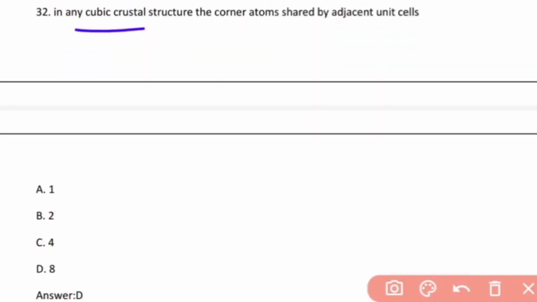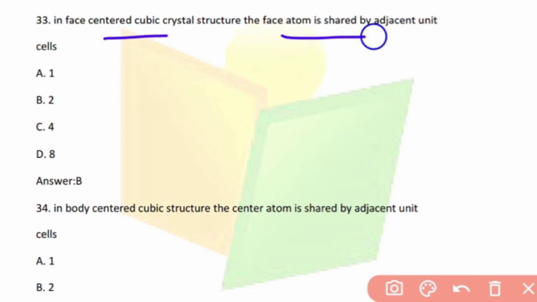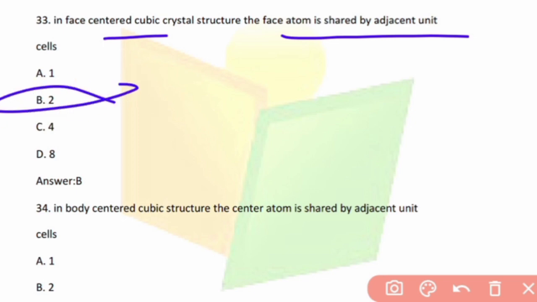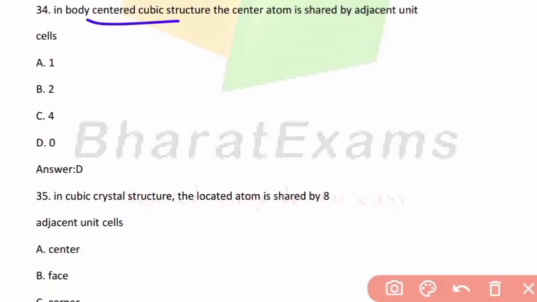In any cubic crystal structure, the corner atoms are shared by 8 adjacent unit cells, option D. In a face-centered cubic crystal structure, the face atoms are shared by 2 adjacent unit cells, option B. In a body-centered cubic structure, the center atom is shared by 0 adjacent unit cells.